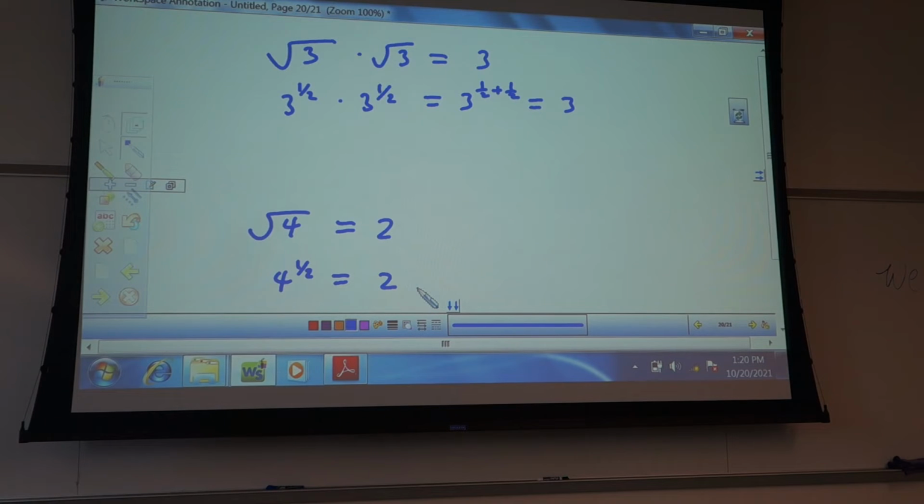So that's why they're the same thing. Just one is radical notation, this one is exponent notation, but they're the same thing. So the square root of 3 is equal to 3 to the 1/2 power.